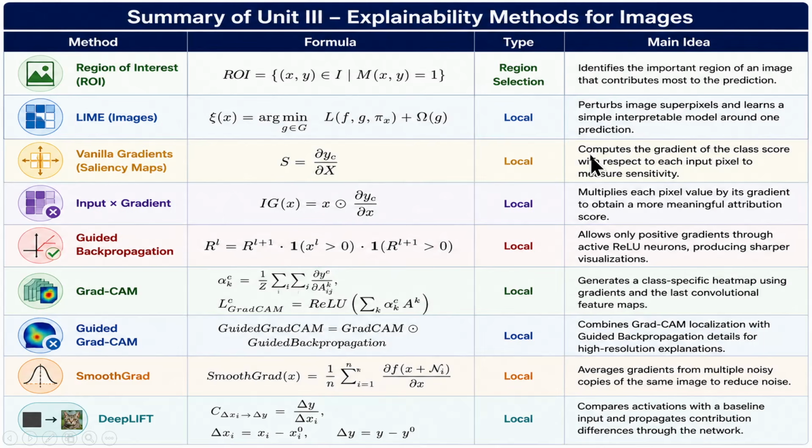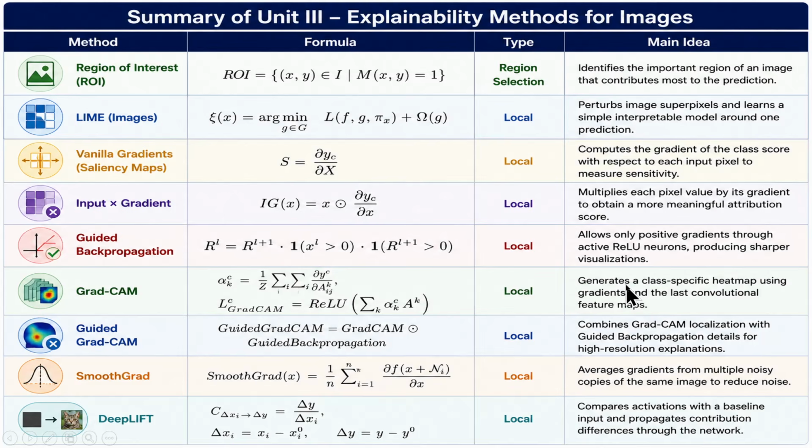Vanilla gradients compute gradients of the class score with respect to input pixels. This is the same, it computes gradients with respect to input pixels and multiplies by the input. This allows only positive gradients to flow through the network using a ReLU.